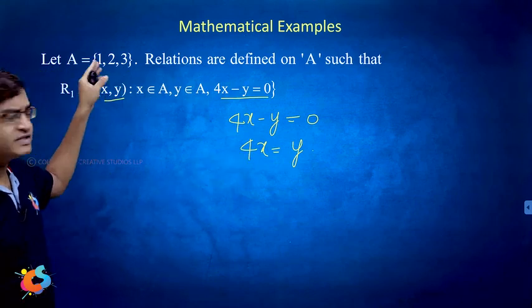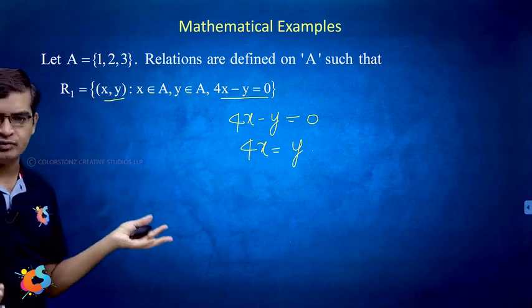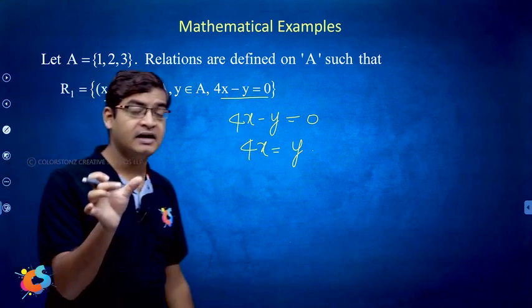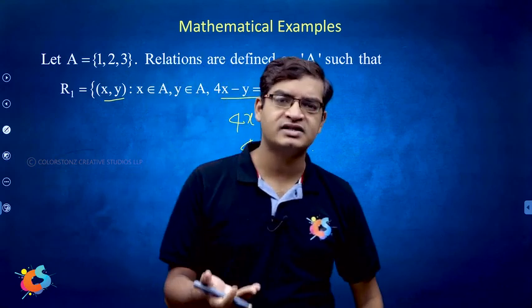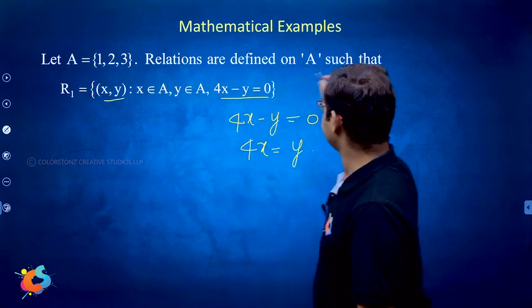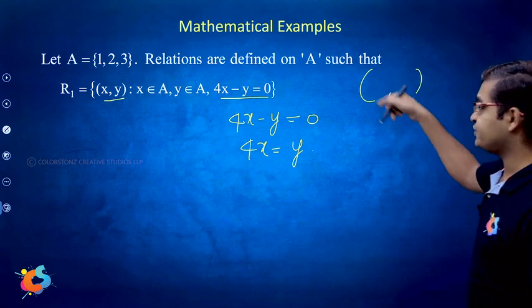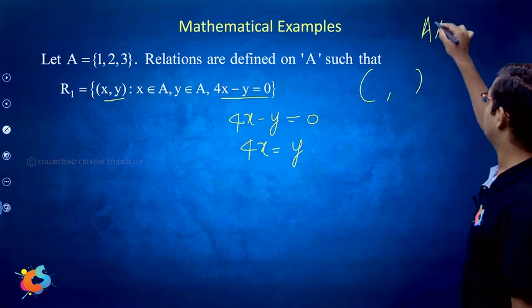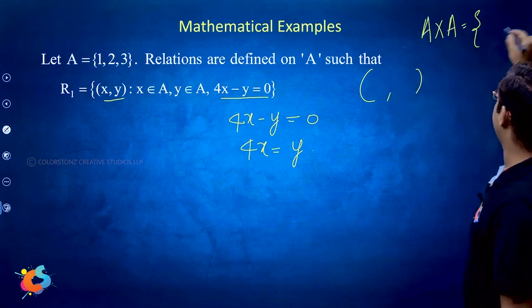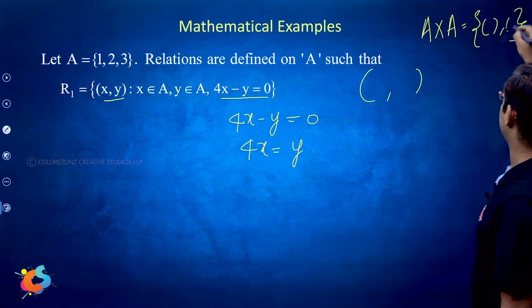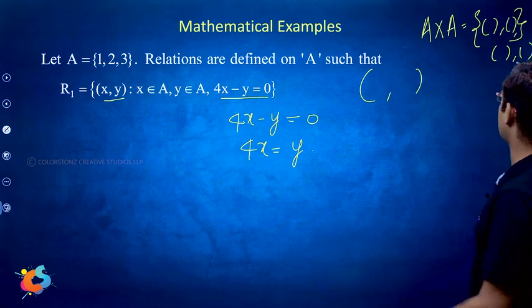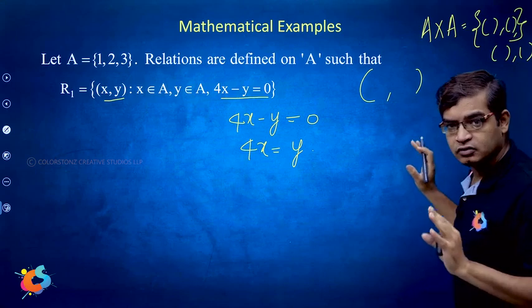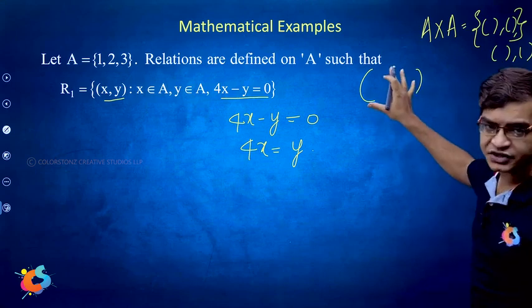Where is x coming from? Set A. Where is y coming from? Set A. As usual, right? Any ordered pair in the relation should come from A cross A only, right? So therefore, if you are taking an ordered pair which is coming from A cross A, then what does A cross A contain? Ordered pairs. Of these ordered pairs, you are taking some ordered pairs in our relation.